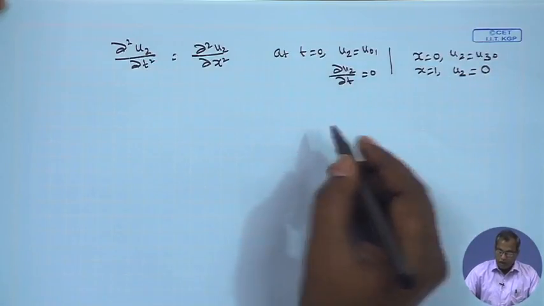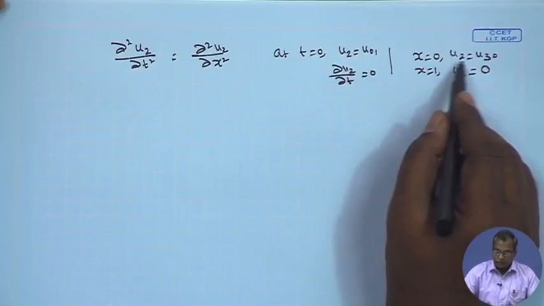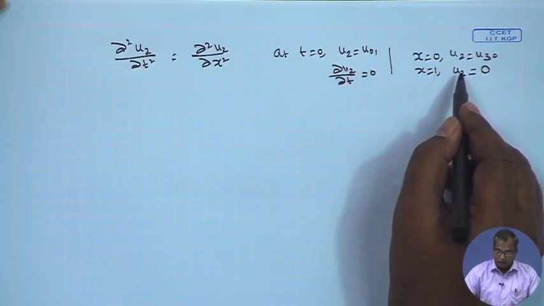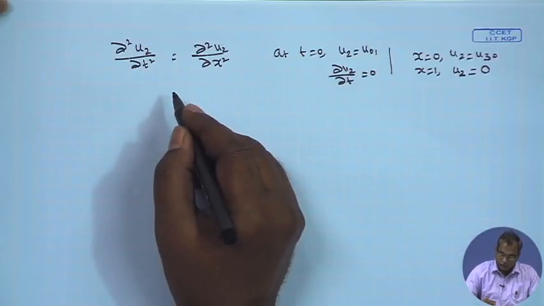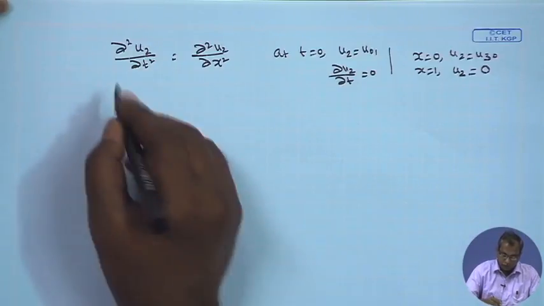So, we will be having a non-homogeneous boundary condition here, and therefore, we can break down this problem into two sub problems.